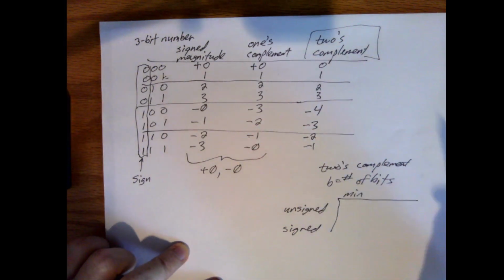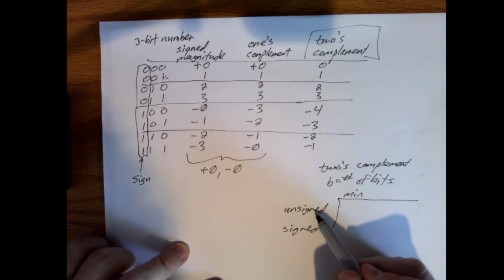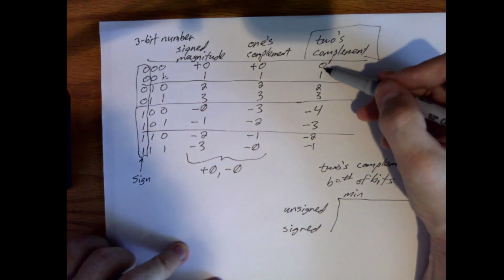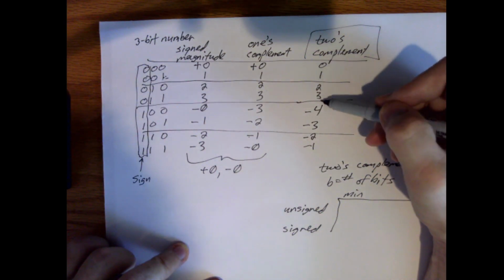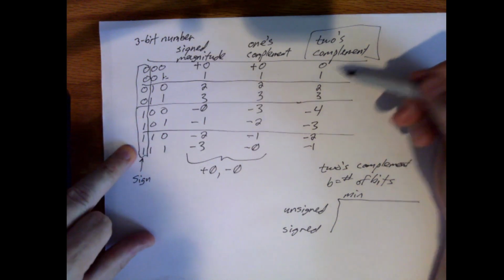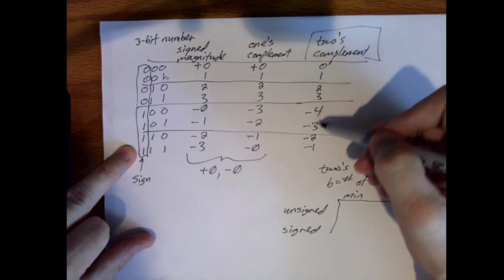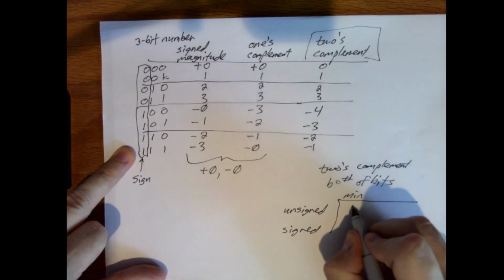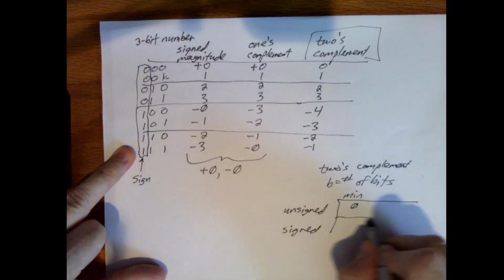So we said that if we were talking about unsigned numbers, the minimum value was 0. So it went 0, 1, 2, 3 when we had 3 bits. But then we kept counting, right? We went 4, 5, 6, 7. So the minimum here is 0.